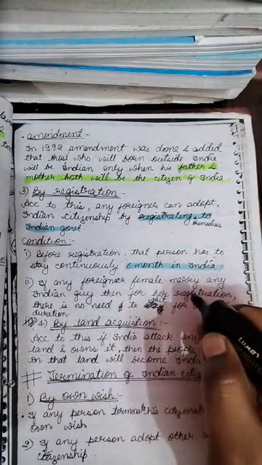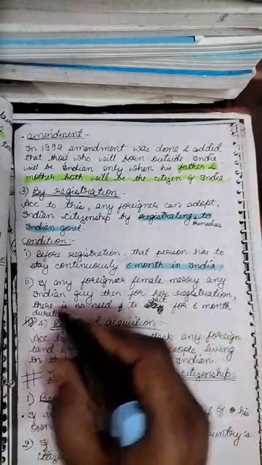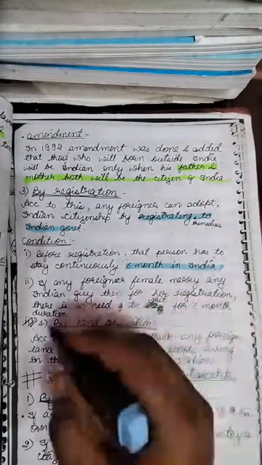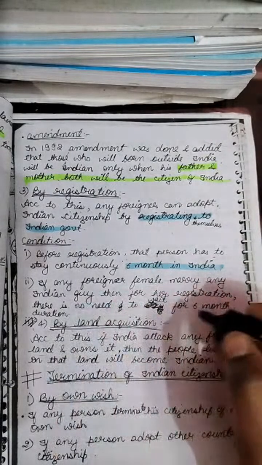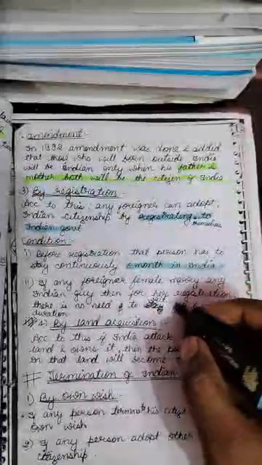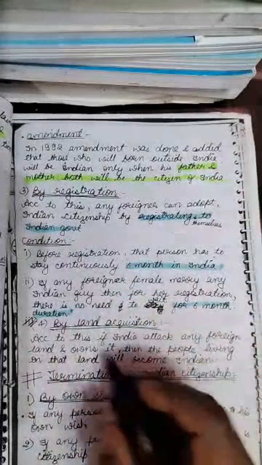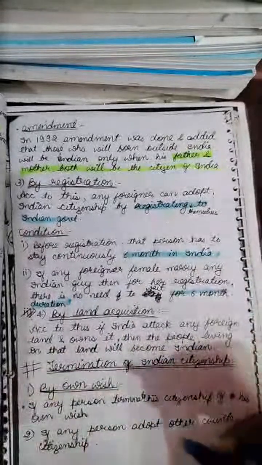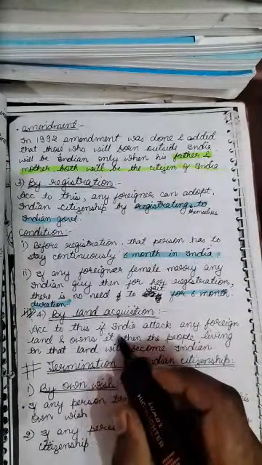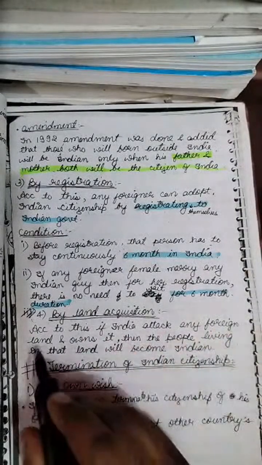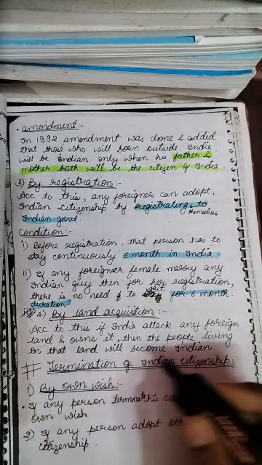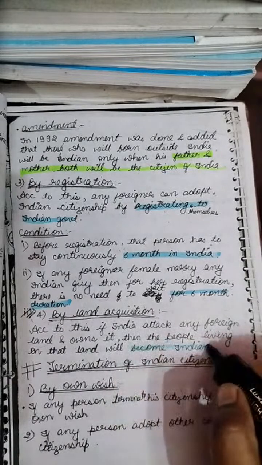If a foreign woman marries an Indian man, then for her registration there is no need to wait for the 6 month duration. By land acquisition: if India acquires any foreign land, the people who live on that land will become Indian.